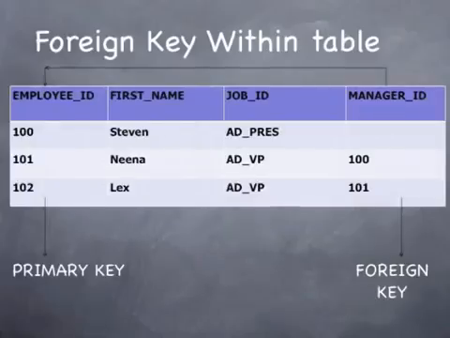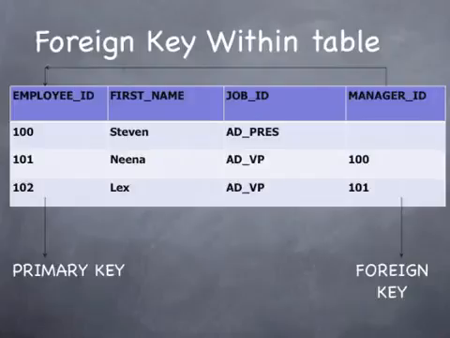A foreign key can exist within a table itself. Have a look at this slide where we have a table called the employees table where there are four columns. The fourth column is a new column which is the manager ID column. Observe the employee ID values are 100, 101 and 102. The manager ID values are 100 and 101.